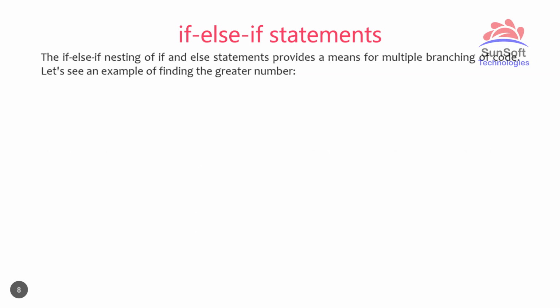So now we are going to see the nesting of if, else and if statements and how that branches into multiple. Let's see the example of finding the greatest number within 3 numbers.